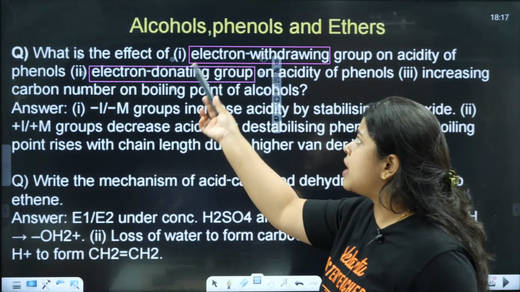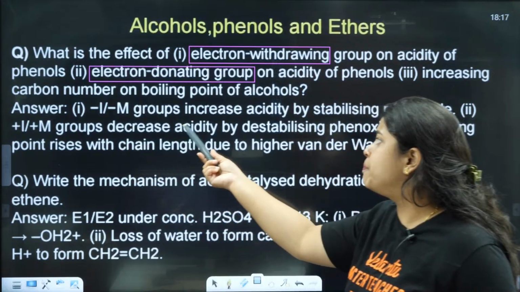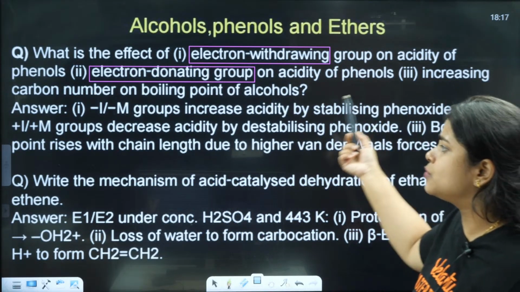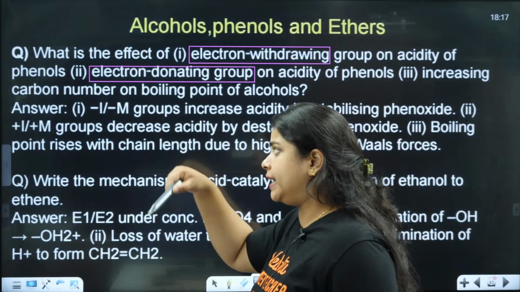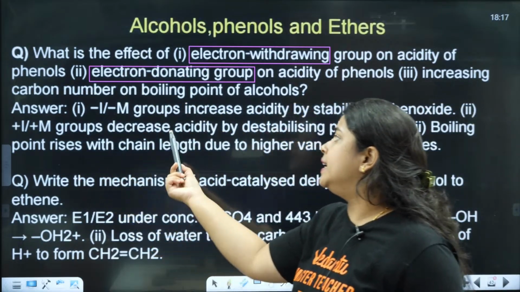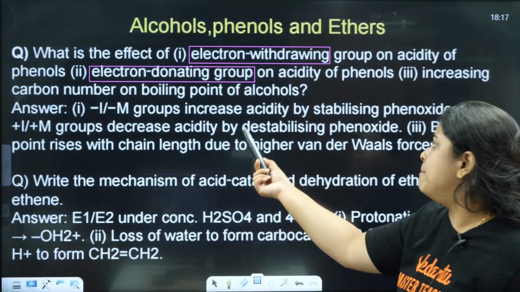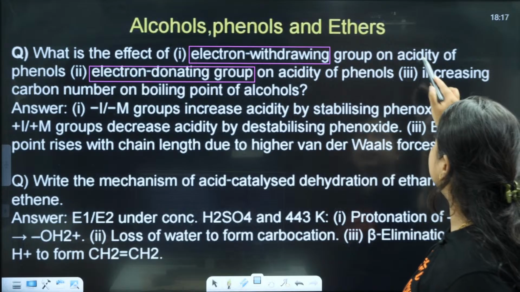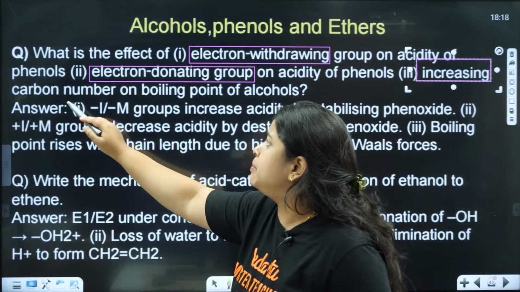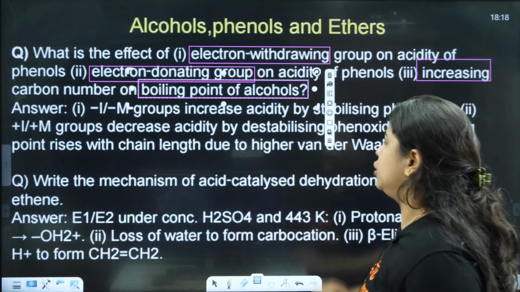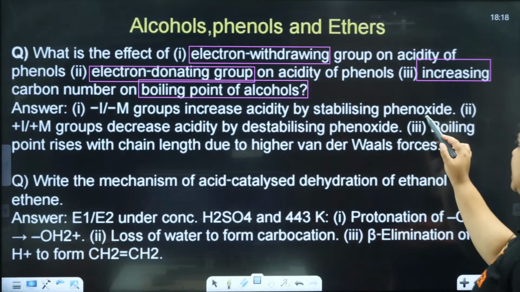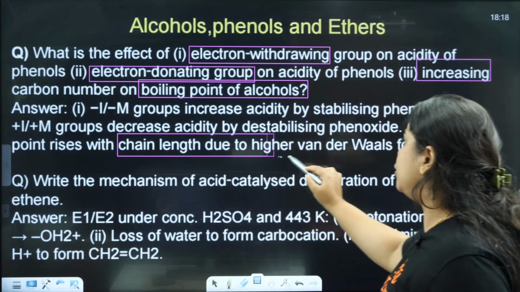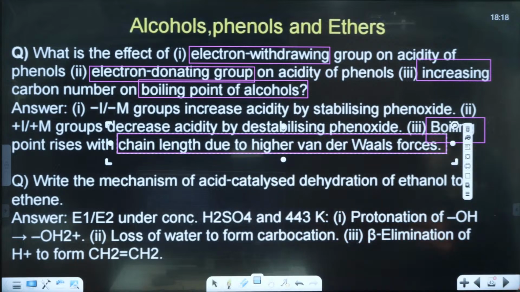If they ask for withdrawing, those groups increase acidity by stabilizing the phenoxide. Second, if electron donating, plus M groups decrease acidity by destabilizing the phenoxide. And third, regarding the boiling point of alcohols with increasing carbon number: boiling point will rise with chain length due to higher van der Waals forces.